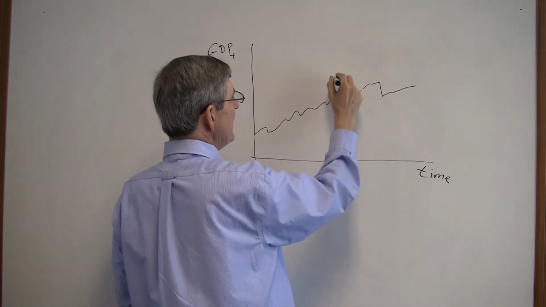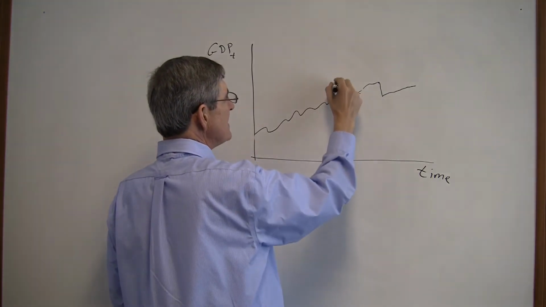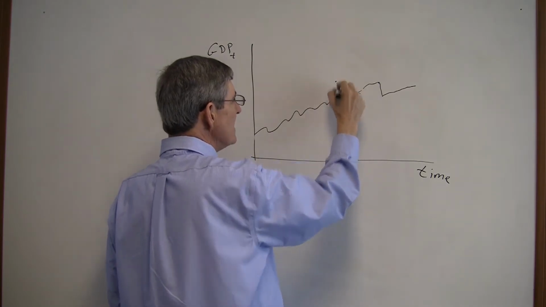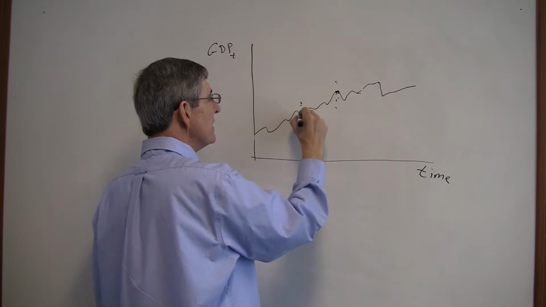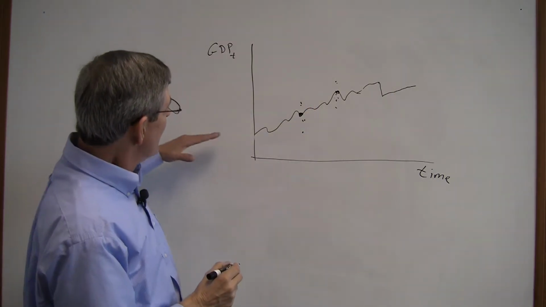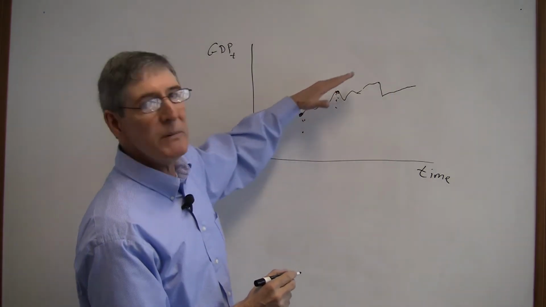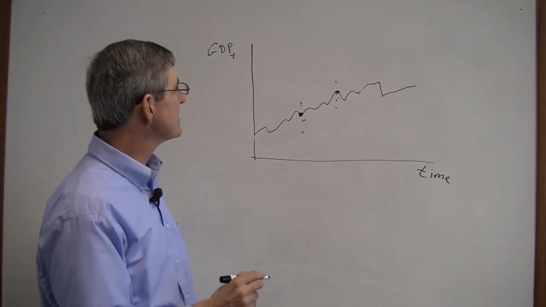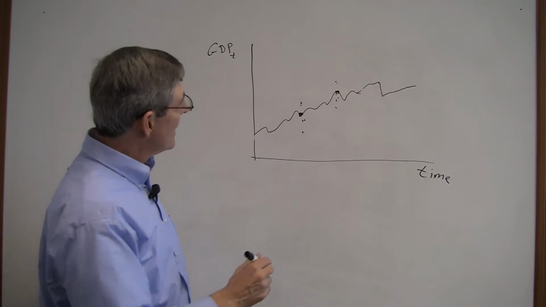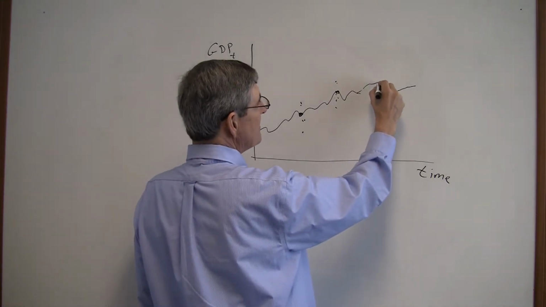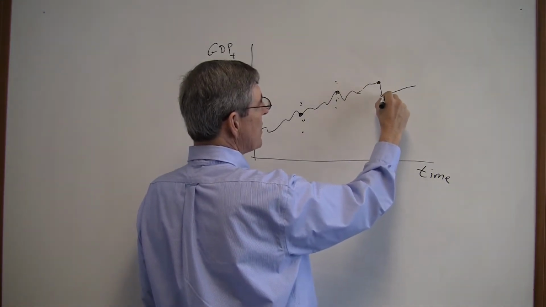But you can imagine then that you could think about what's the average value here of all those different runs of the economy. It's certainly going to be higher than the average value here of all those different runs in the economy. So the mean value of GDP changes over time, and that creates some special problems. That's called non-stationarity.